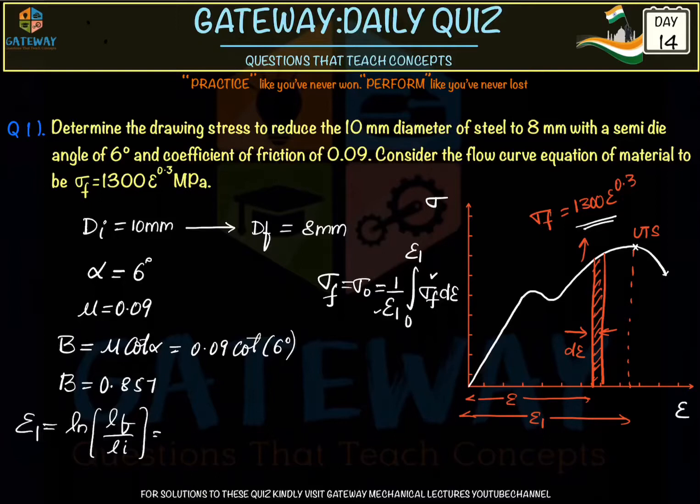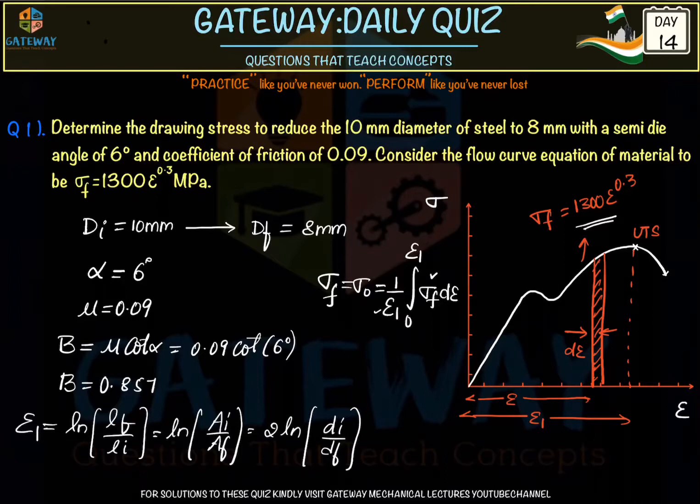From that, L final upon L initial we can write as A initial upon A final, and we know A is pi by 4 d square, so pi by 4 df square. So directly we can write this as 2 into ln d initial upon d final, and we know the value of d initial and d final. We'll substitute here and get the value of E1, which comes out to be 0.446.